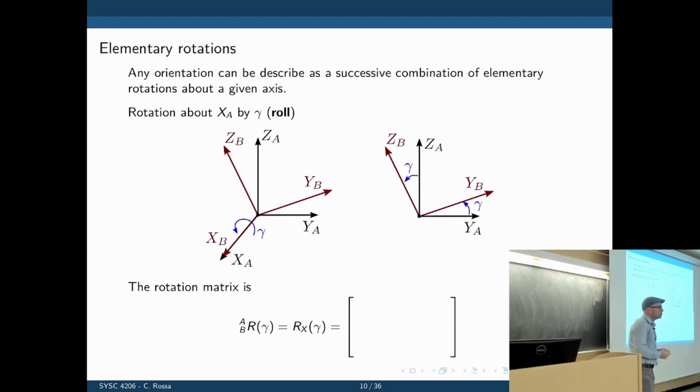What should be the rotation matrix? Well, now you can go back to the definition that we had before and write the rotation matrix as a function of gamma. So the first element of the rotation matrix is what again? It's XB onto XA, which in this case is 1. Yeah, because they are aligned, their dot product is 1. It's cosine of 0. So this is indeed 1.